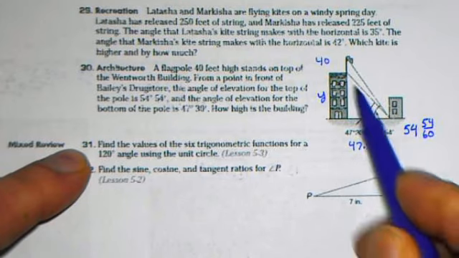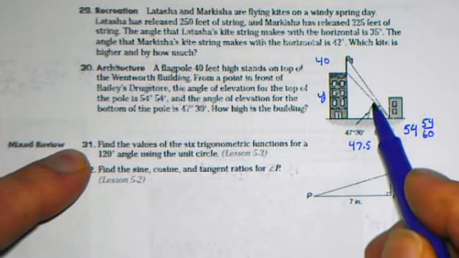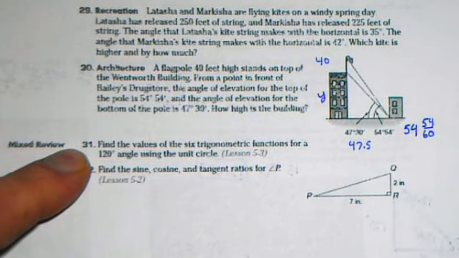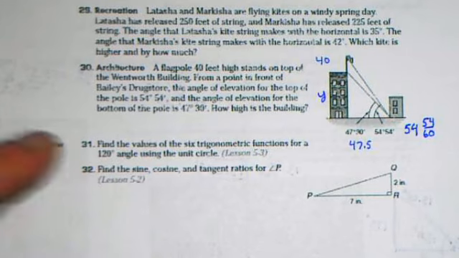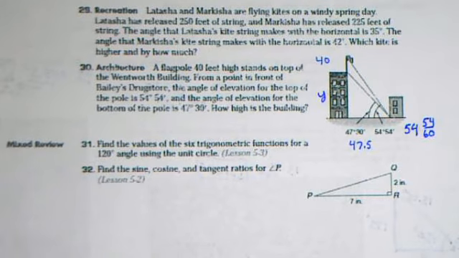For the smaller triangle, which uses the 47.5 degree angle, you've actually just got Y for the opposite side. Basically, I think you need to set up the problem for each one of these and then solve for Y. Set Y equal to itself and solve for Y. Okay, so that's enough for that one for right now.